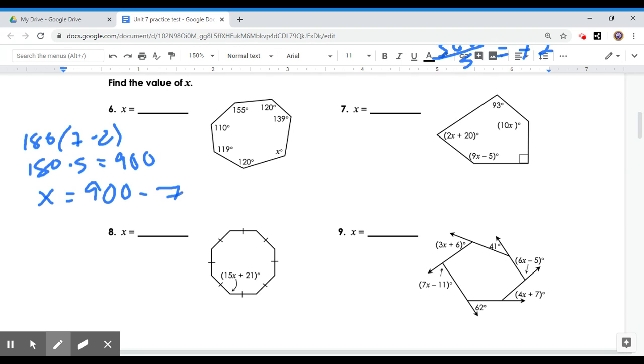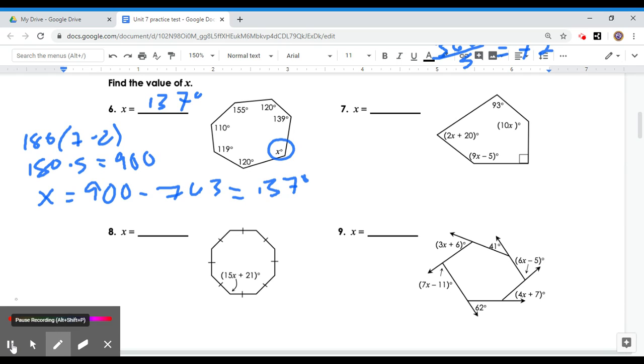So minus 763. So 900 minus 763 is 137. So the measure of angle x is 137 for that. So again, you need to find what the sum is supposed to be, and then x is just, you need to subtract all of these guys.